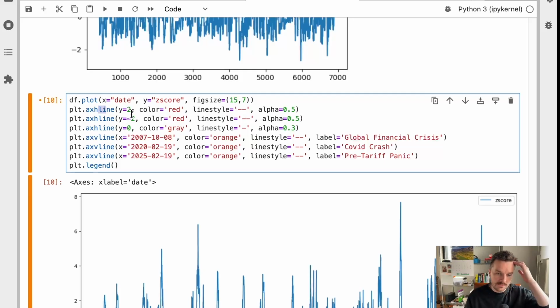So you expect things to be roughly inside of that. So that's why we use 2. And then I'm adding some labels for interesting events that happened. These are the market tops. So in 2007, the market peaked on October 8th. In 2020, it peaked on February 19th, and also in 2025 on February 19th, which is interesting.